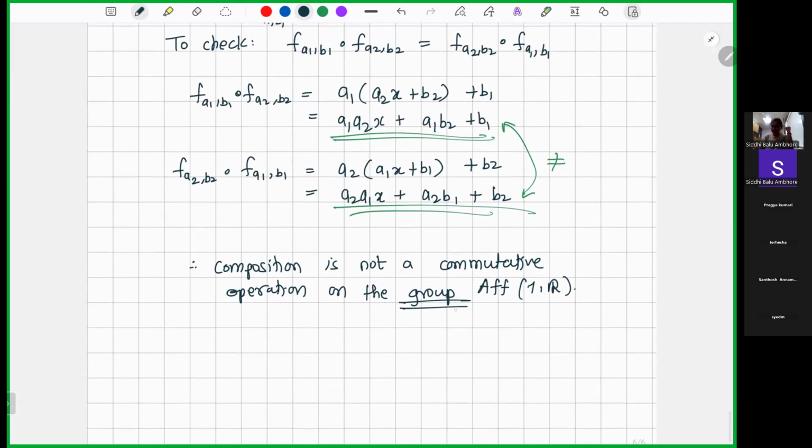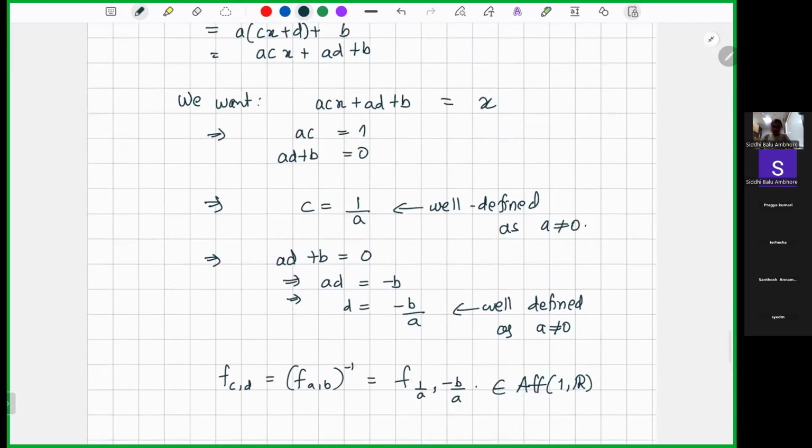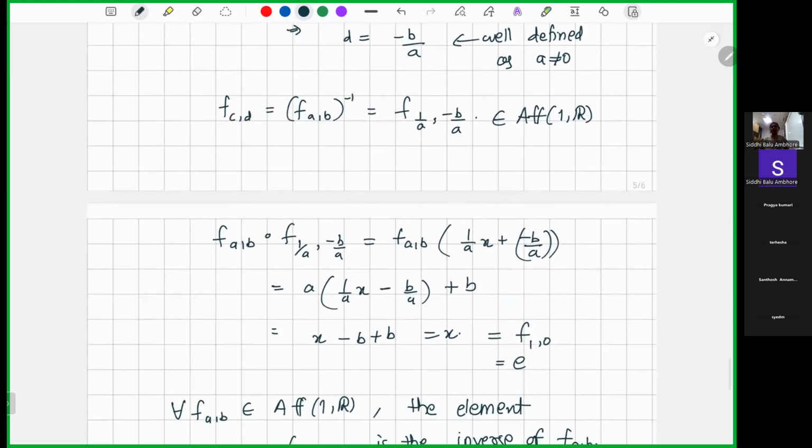If I miss reading your message in the chat, you can just unmute yourself and ask the question, and I'll try to answer that. But I hope this one was clear, how we showed this group and how we calculated the inverse and everything.